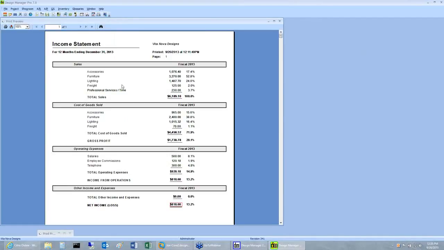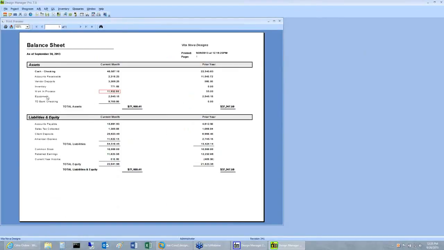So when you do that client invoice for this sofa and this carpet, you end up increasing an asset account called accounts receivable, which is a list of all the invoices the client owes you.